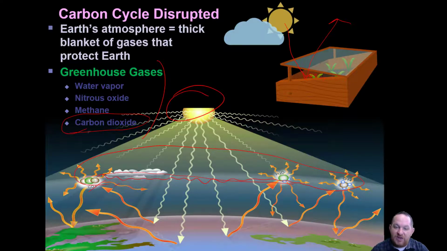Instead of the heat coming to the surface and bouncing back out, the heat comes to the surface, backs up, hits this blanket of gases, and then falls back down. So the heat doesn't get back off the surface of the earth, and instead is trapped under these gases and continues to warm up the planet. So this is a big issue on our planet with climate change.